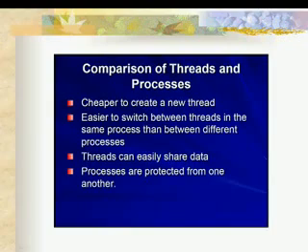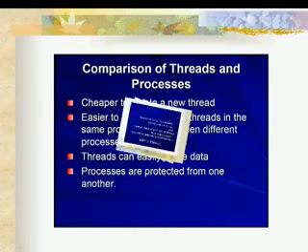And context switching between threads is faster than context switching between processes. Threads can easily share data, and processes are protected from one another. By considering all these facts, threads give an efficient way of handling programs.